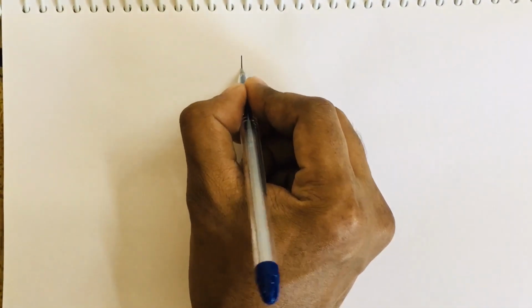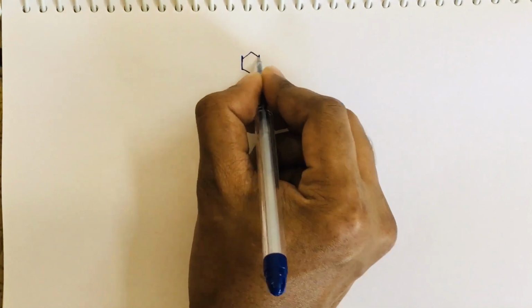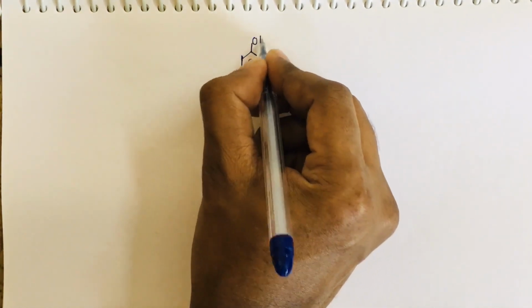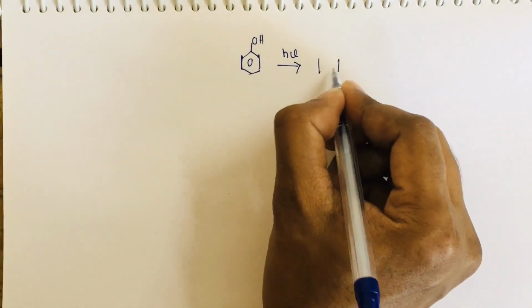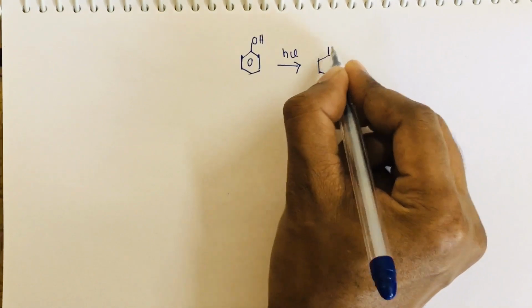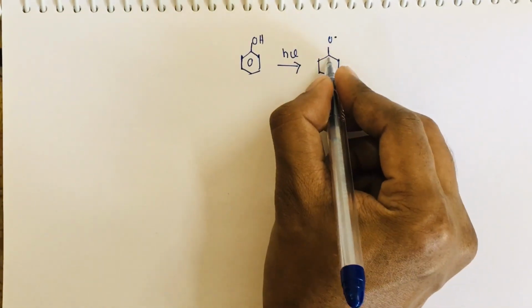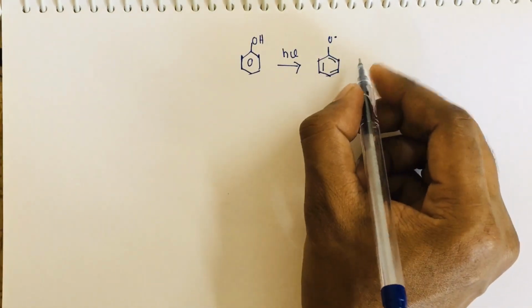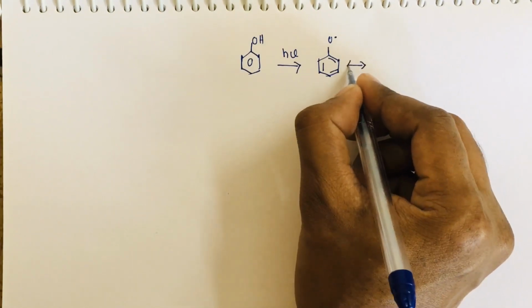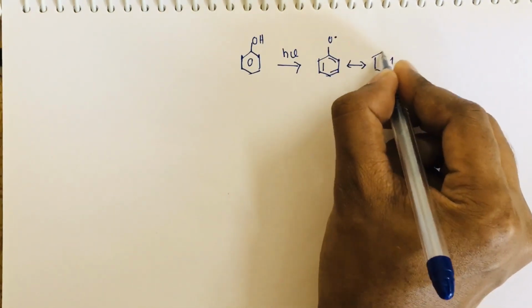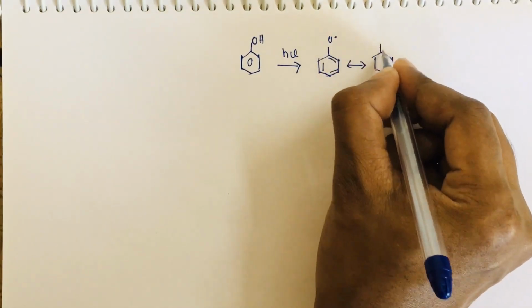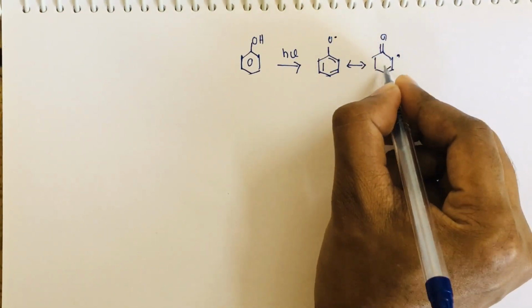When we are talking about phenols, when we expose this one to photochemical light, there will be abstraction of this hydrogen. It will be an O radical now. In the resonance structures, it can also exist like this: this bond goes here and the free radical comes here.